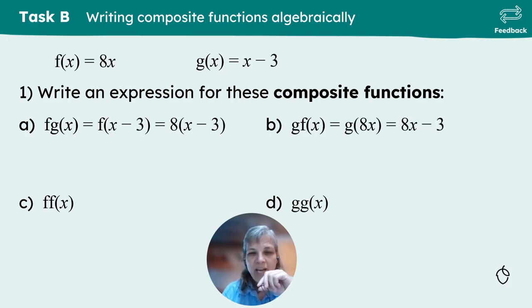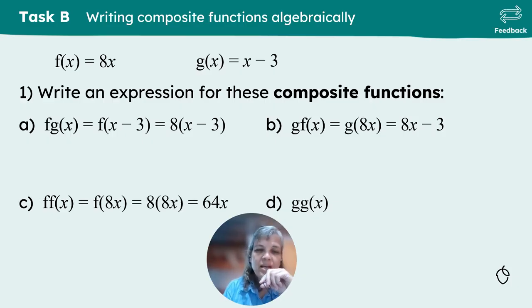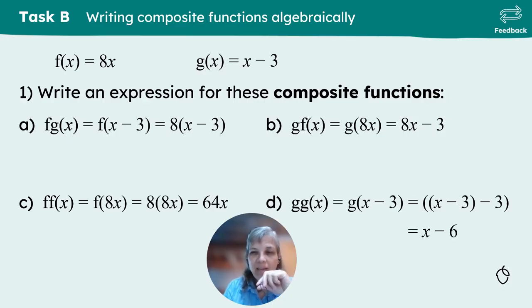If you did gf of x, that would be equal to 8x minus 3. ff of x would be equal to doing 8x and then doing it again as the x, and it becomes 64x. gg of x, and then you would come up with x minus 6.